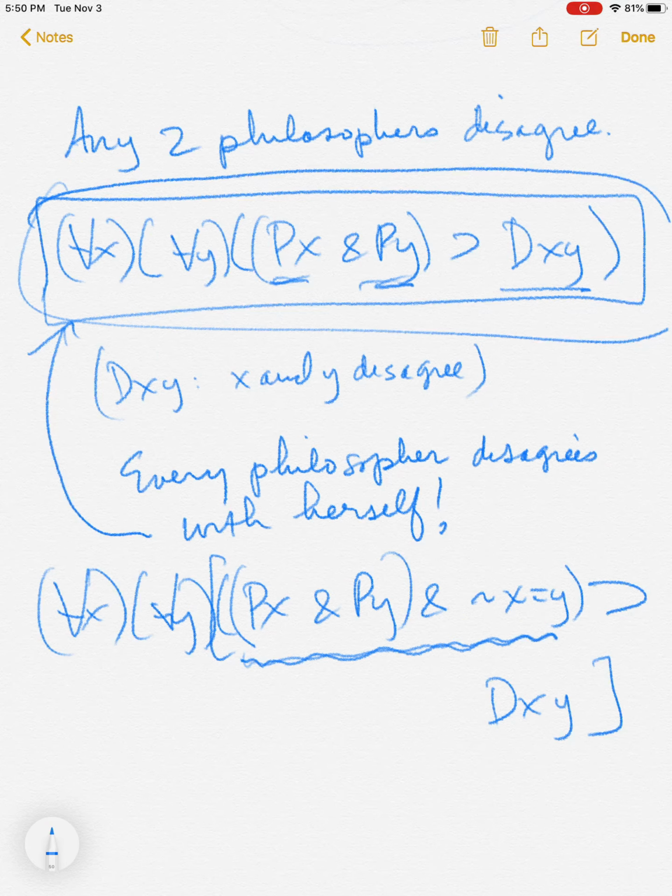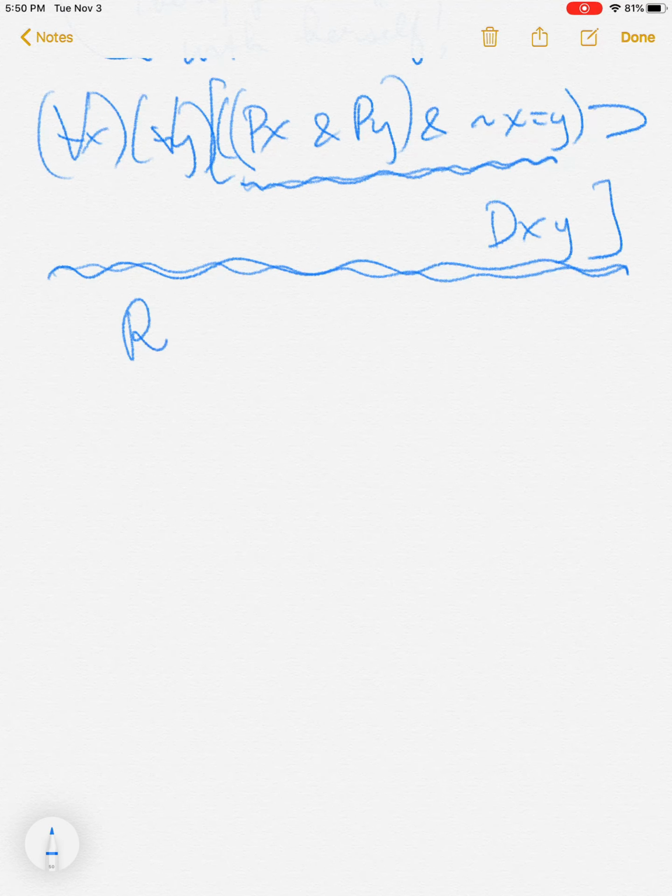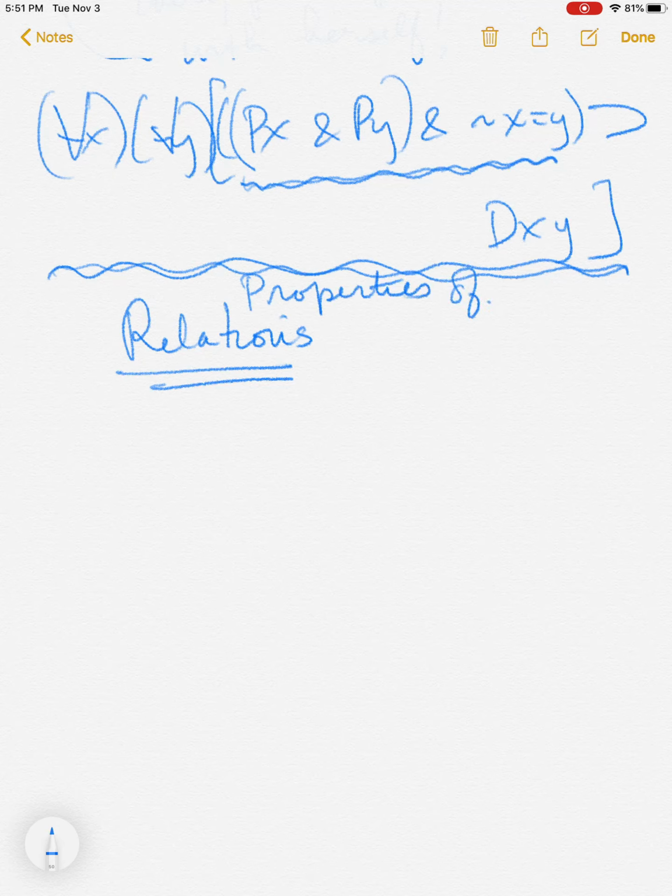So I think I'm not going to do any more examples right now, but there was one more thing that I wanted to talk about that's in section 7.5, and that is about what they call relations. And we're going to talk about properties of relations. A relation is really just a two-place predicate. Like loves, helps, is happier than, things like that.